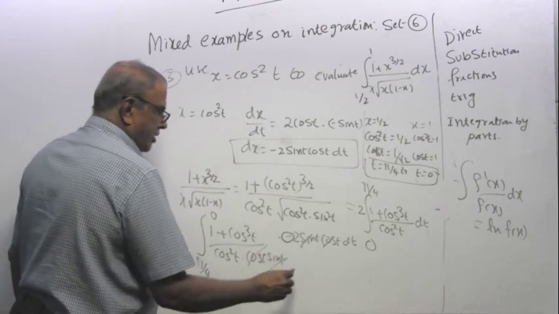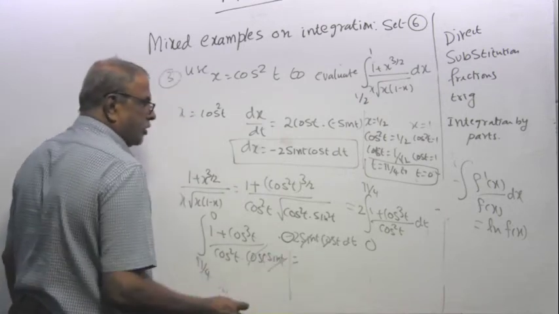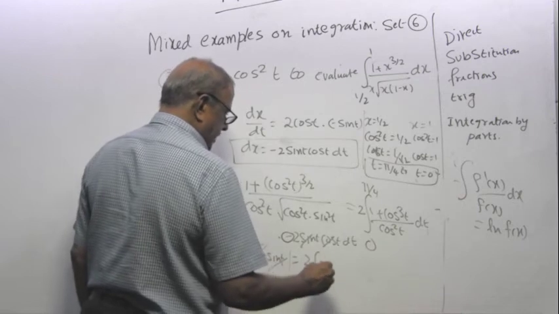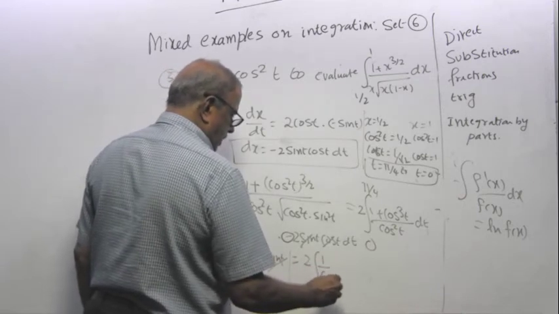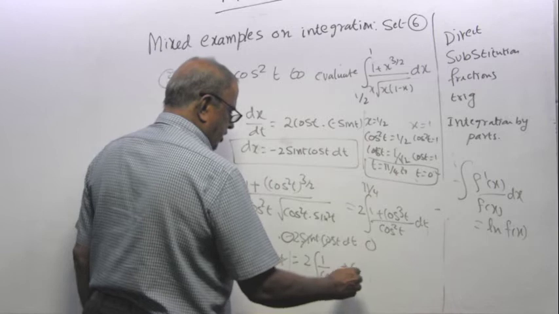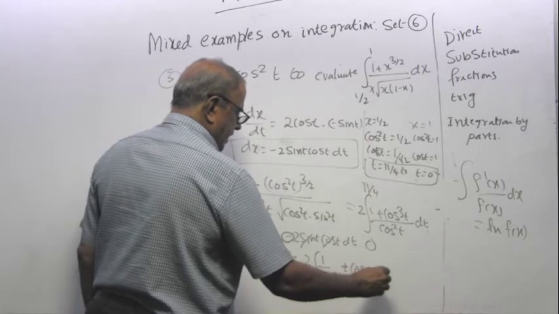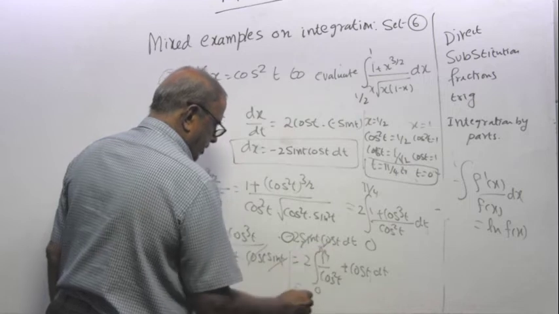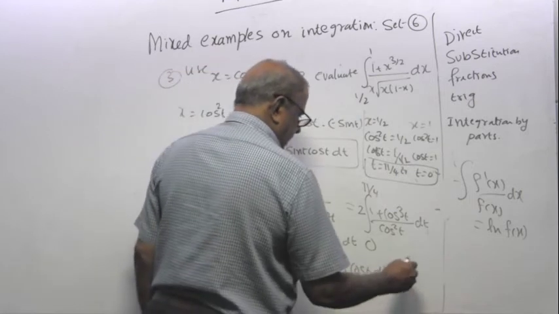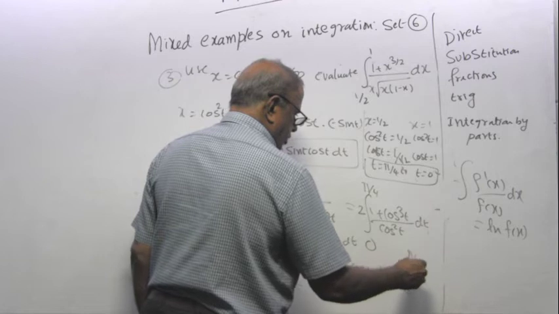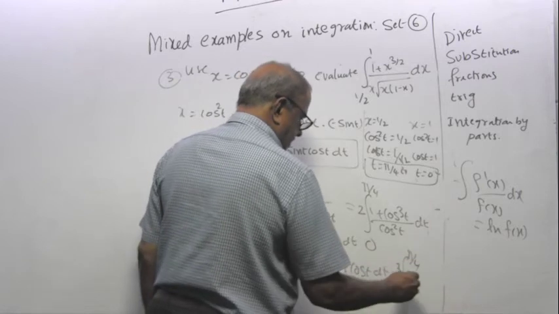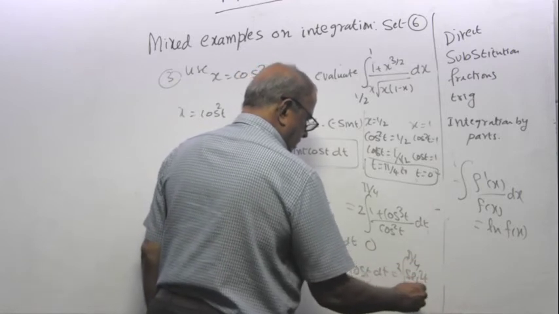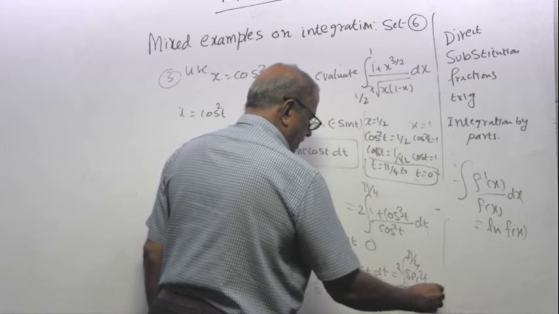So that becomes equal to 2 integral 1 over cos squared t plus cos t dt, of course 0 to pi over 4. So 2 remains there. Sec squared t plus cos t dt.